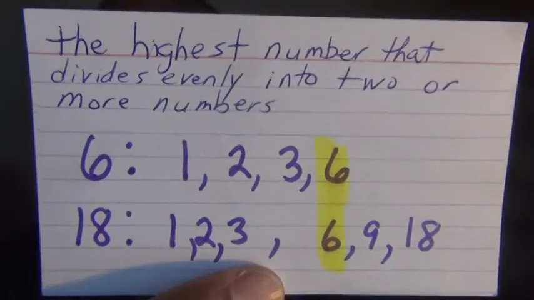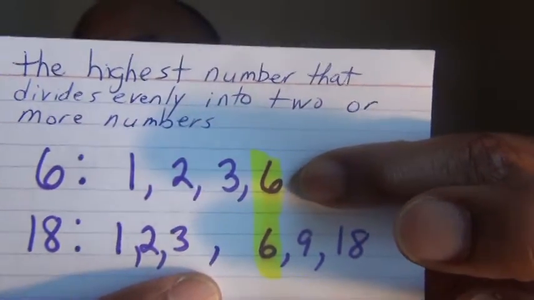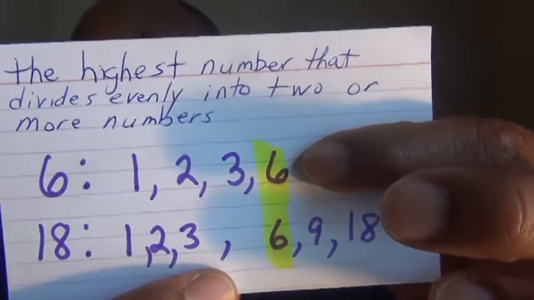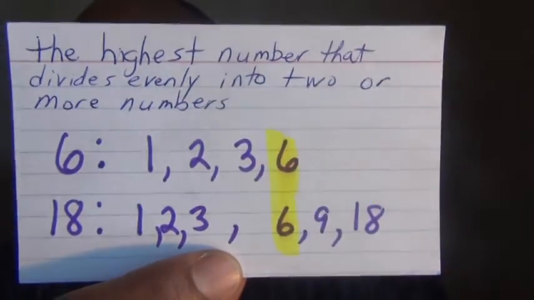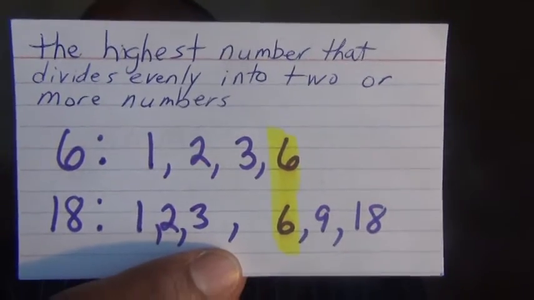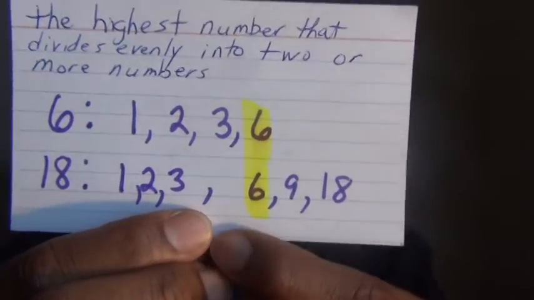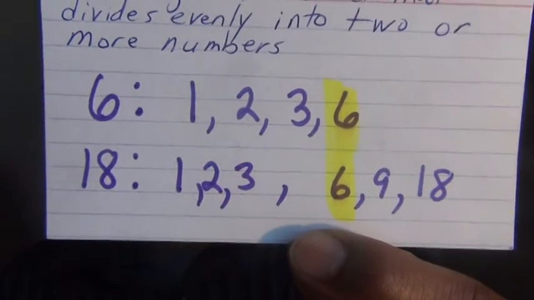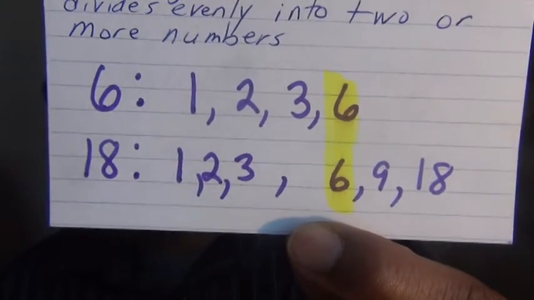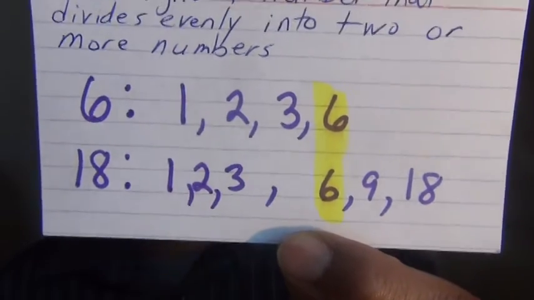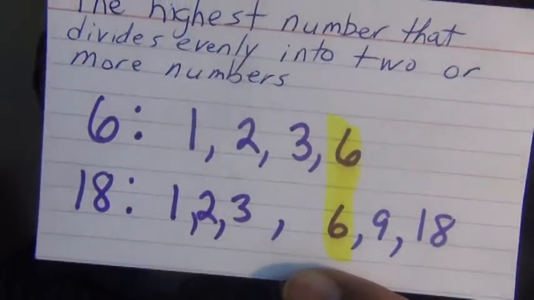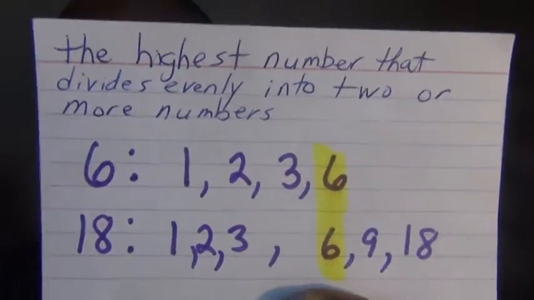For 6, 1 times 6 equals 6, so I have a 1 and a 6. 2 times 3 equals 6, so I have 1, 2, 3, 6. I list the things that I multiply to get 18, and that's 1, 2, 3, 6, 9, and 18. What is the greatest number in both lists? That is 6, and in this case, 6 is the greatest common factor.